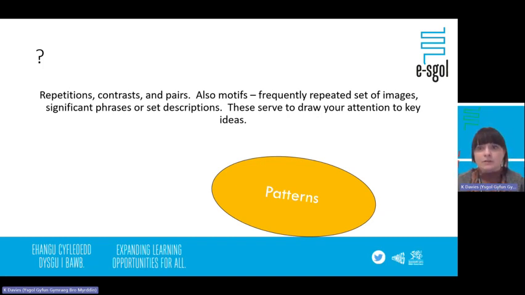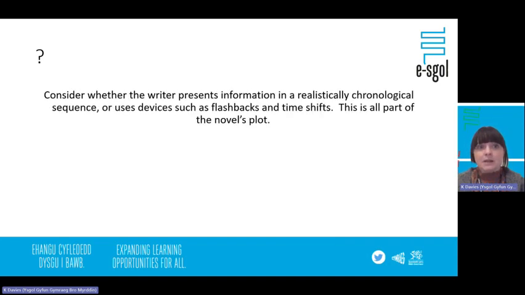Here what we've got is the set of repetition, quite possibly if you see things coming in pairs, and motifs, which are these repeated sets of images. It could be images, phrases, or descriptions that are used to draw your attention to key messages or key ideas that the playwright, the dramatist, wanted us to consider.